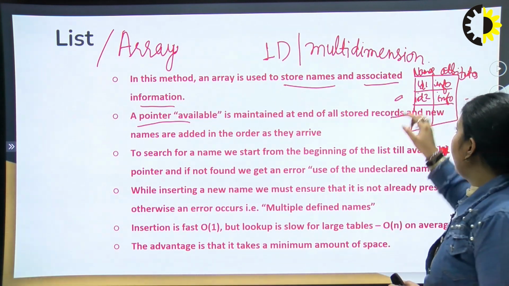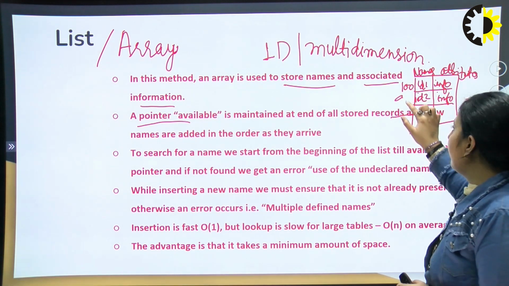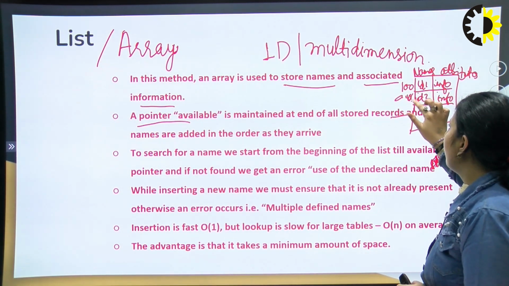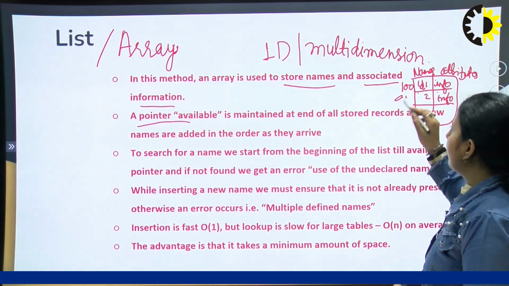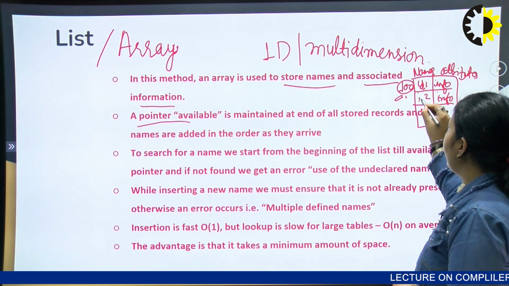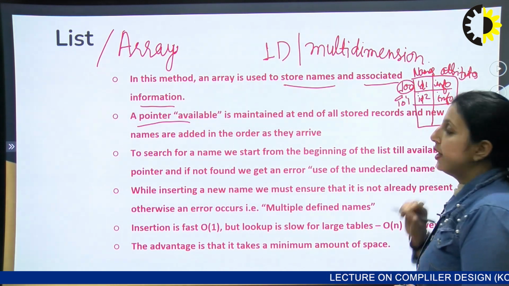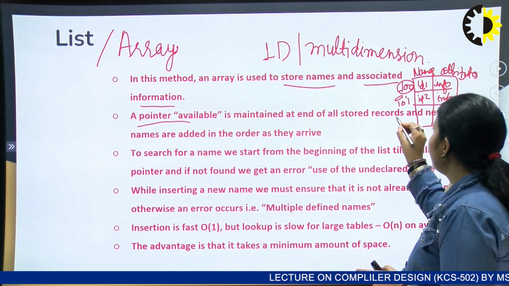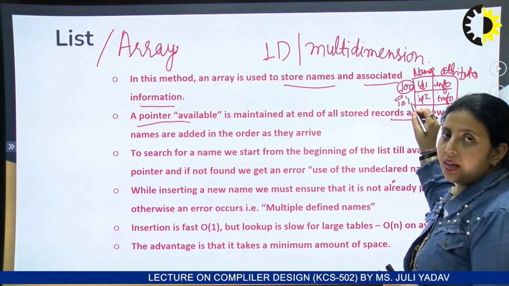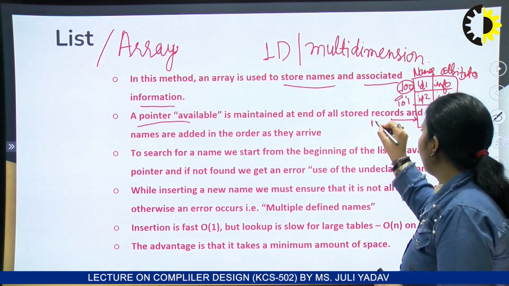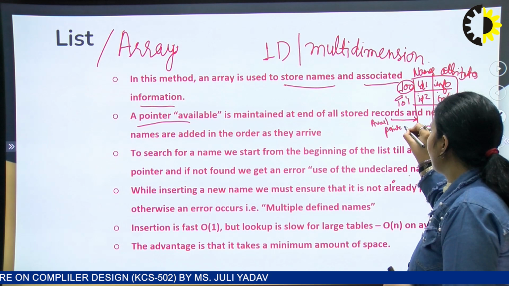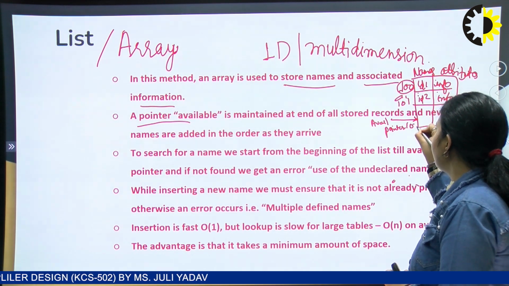If the address of ID1 is 100 and ID2 is 101, the information about ID1 is stored at location 100 and ID2 at location 101. Then the available pointer is at location 102.